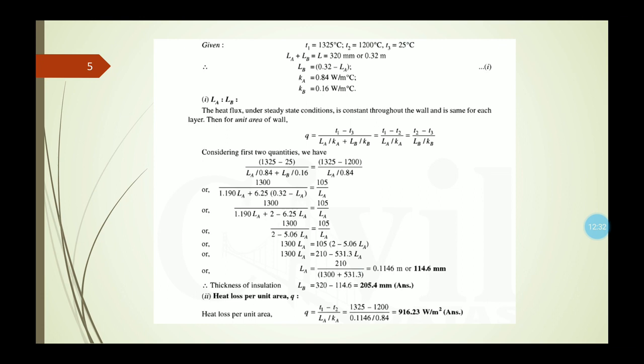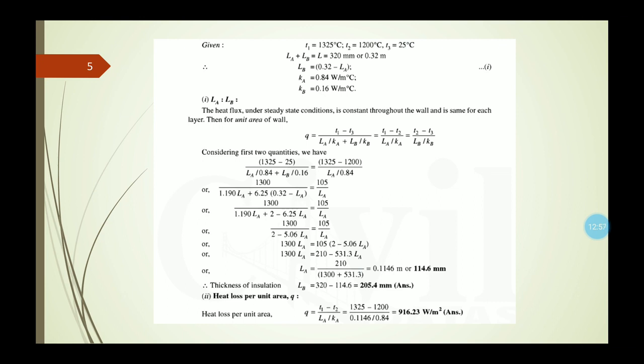After putting all these values in this equation for the heat loss per unit area, we will get the result as 916.23 watt per meter square. So in this way we can solve this question.